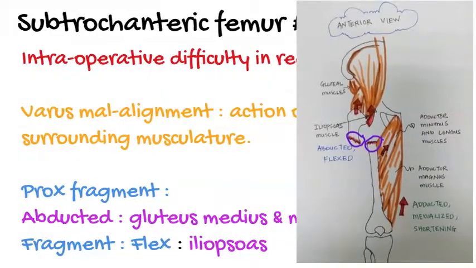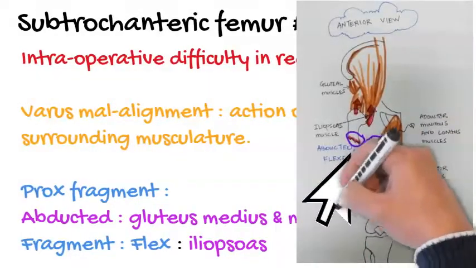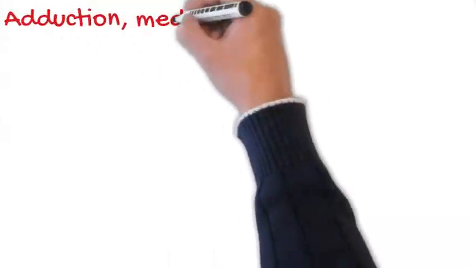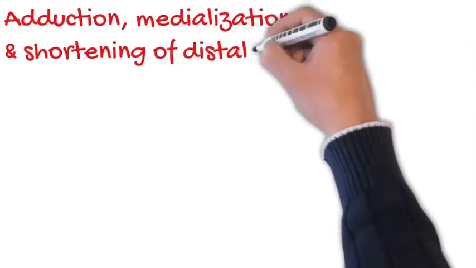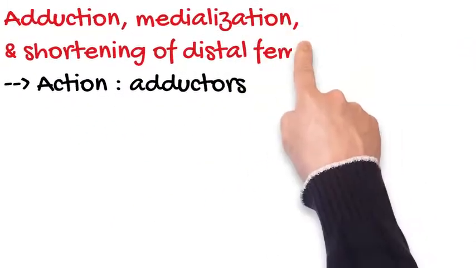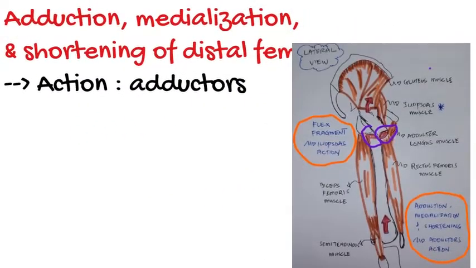The fragment will be in flexion due to insertion of iliopsoas at the lesser trochanter. The distal fragment will be in adduction, medialization, and shortening.